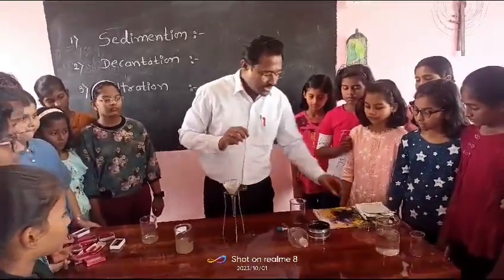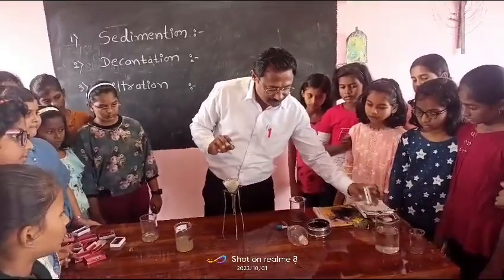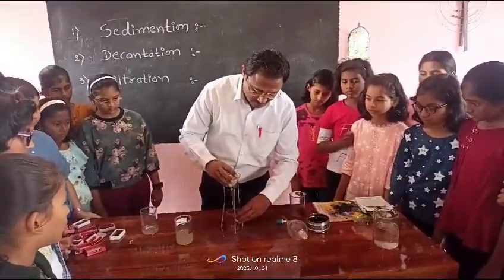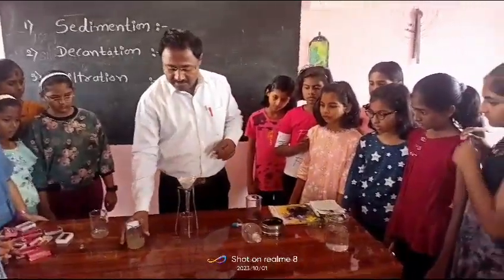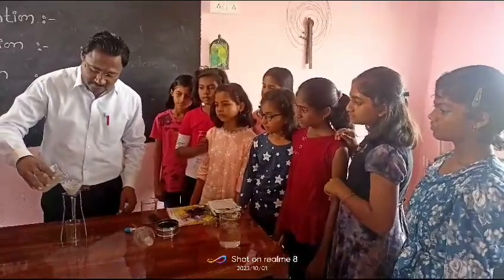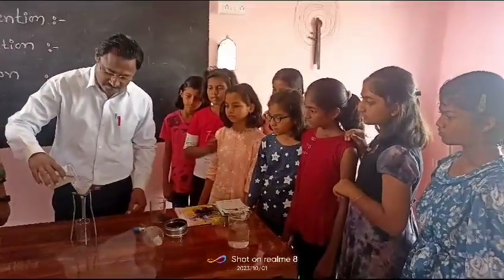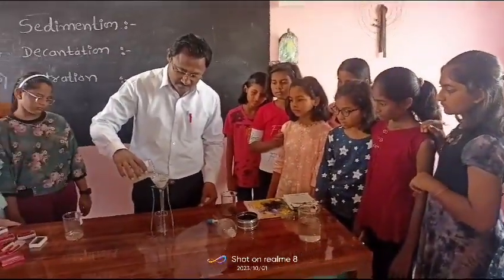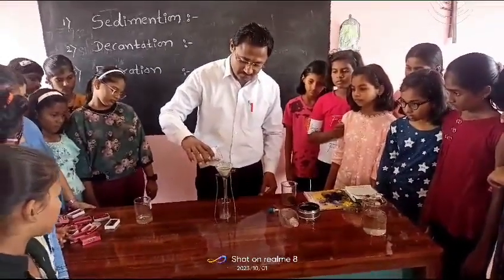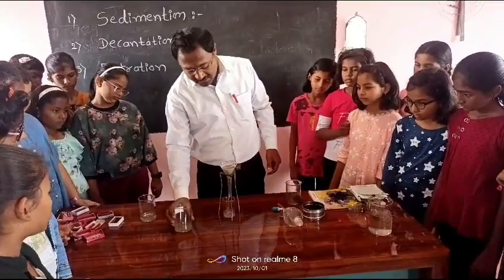Now I put this filter paper into the funnel, and below the funnel I take another beaker. Now I filter this decanted water through the filter paper. What will we see here?